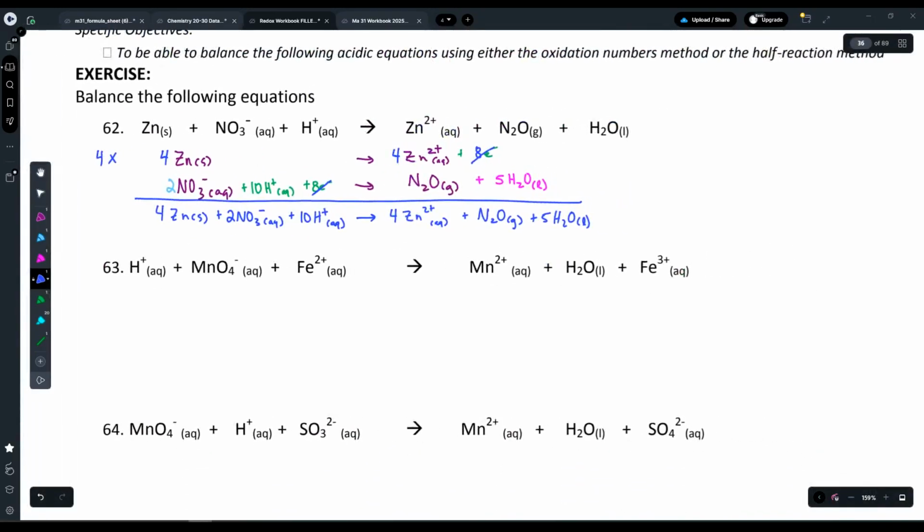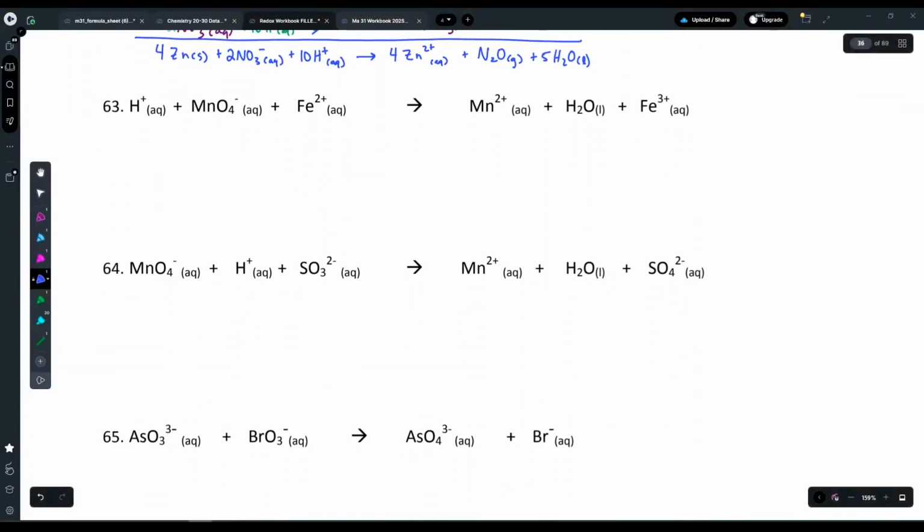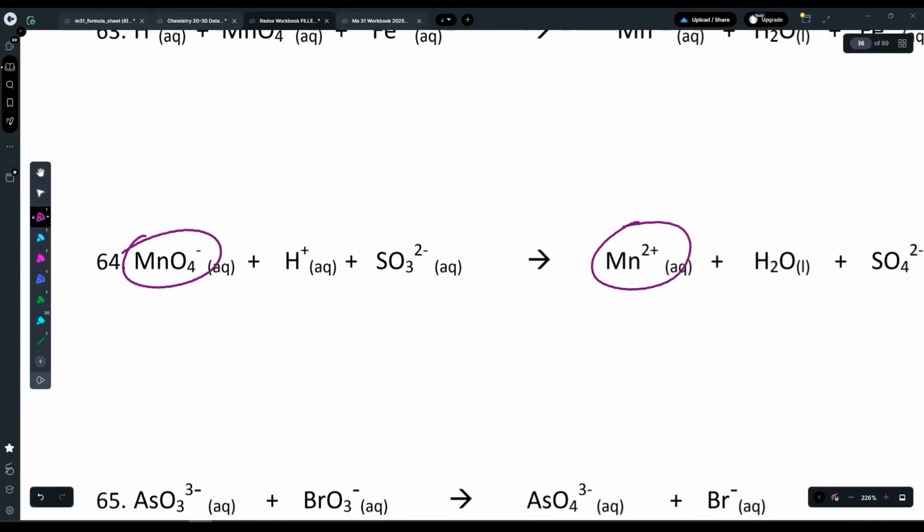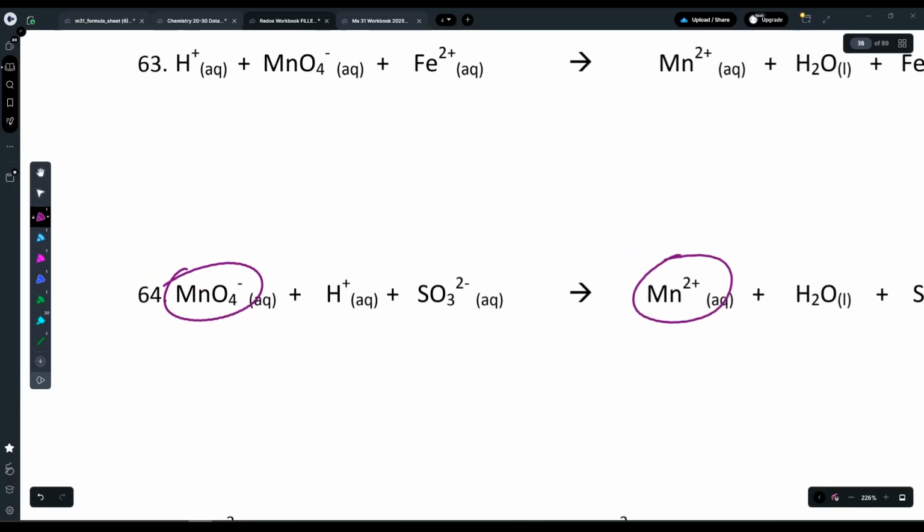Okay, so 63 is kind of similar to 62, so I'm gonna skip ahead to 64 and we'll try that. So again, I'm just ignoring our H+ ions and water, and I'm just picking out what looks similar on the reactant and product side. So permanganate looks similar to the manganese ions, so we'll use that to create one of our half reactions.